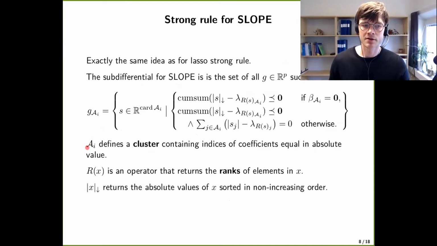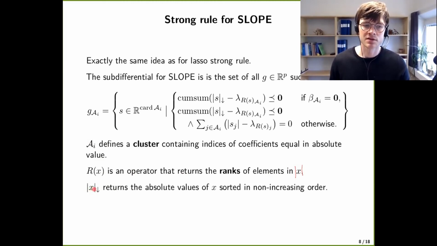Starting with this part here, this defines a cluster that contains the indices of coefficients equal in absolute value. So sometimes this is called an equivalence set. Some authors use that notation. This is a ranking operator that returns ranks of elements in absolute value X. And then we're letting the absolute value here not be the cardinality of a set, but instead be a vector with all its elements set to the magnitudes.